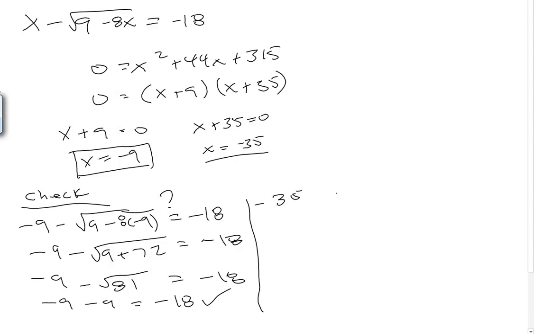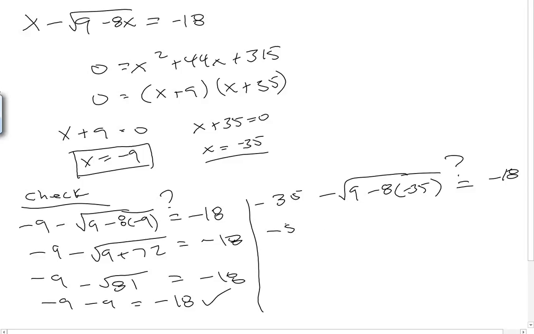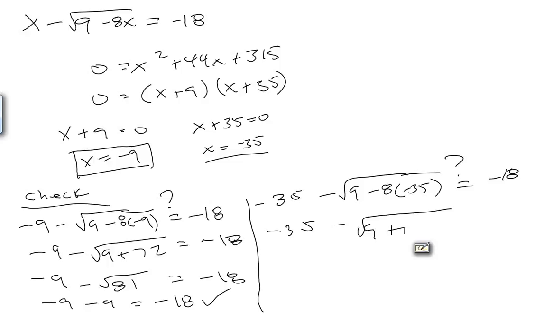Negative 35 minus the square root of 9 minus 8 times negative 35. Does that equal negative 18? Well, negative 35 minus the square root of 9 plus whatever 8 times 35 is.